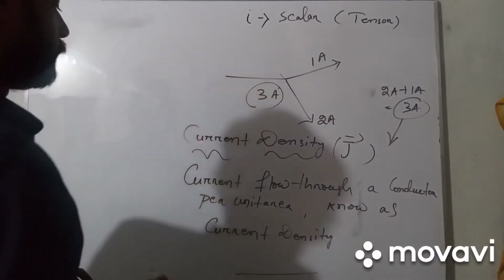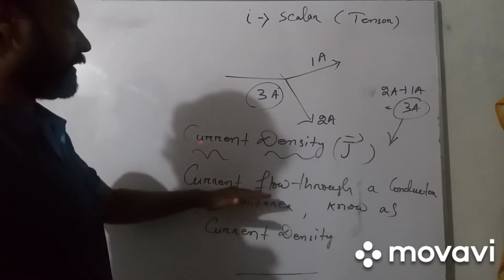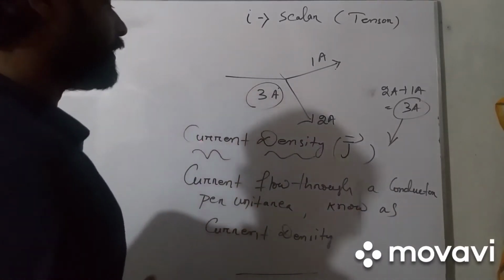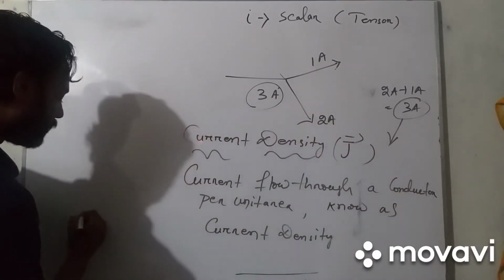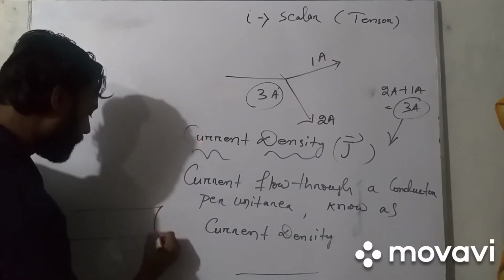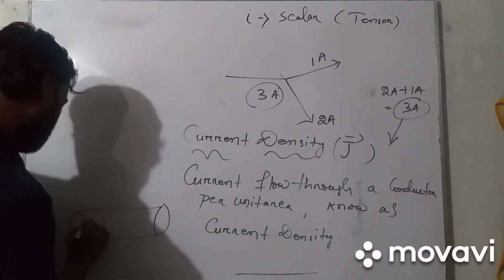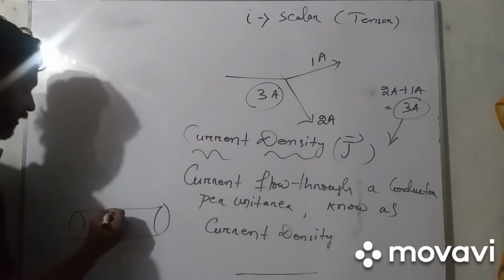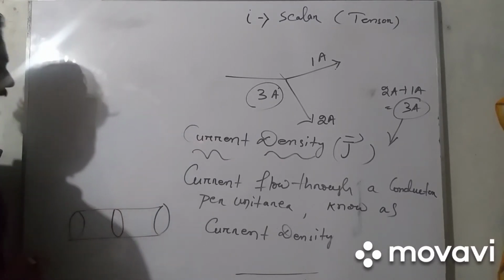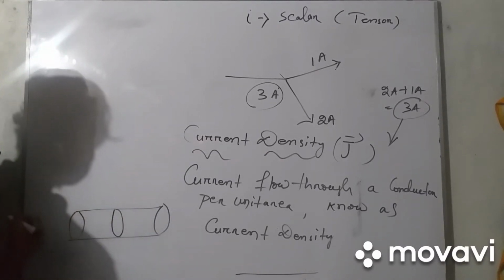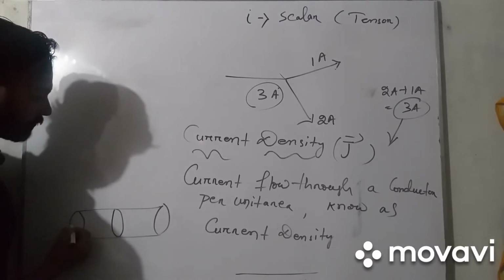So current density means current flow through a conductor per unit area. Suppose this is the conductor, and consider this is the area, which is always perpendicular to the flow of the current.